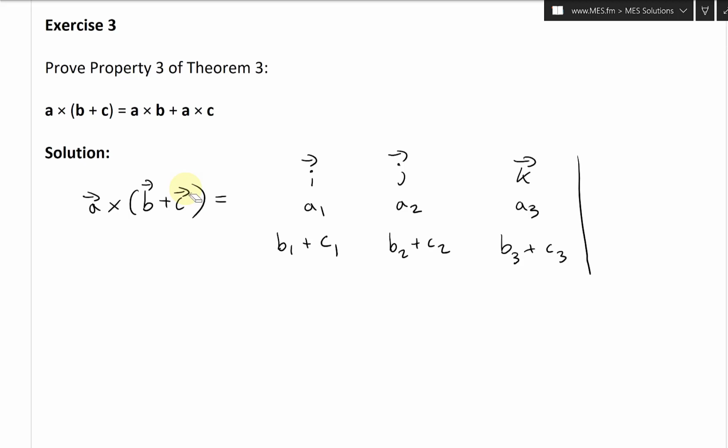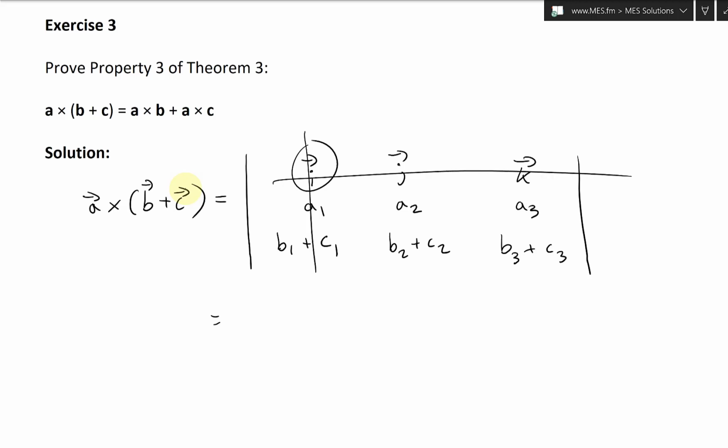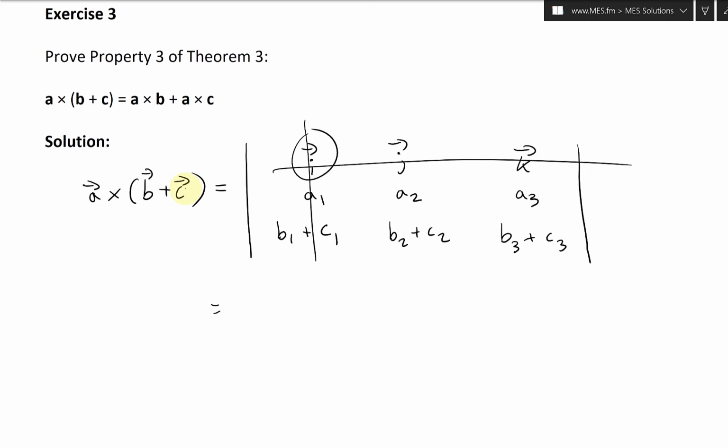And then we're going to do our determinant format, and we'll cross out the I row and column, and then you'll have this A2, etc. Instead of putting the IJK, I'm just going to put this in bracket format. I like this one better. So we'll have A2 times (B3 plus C3).